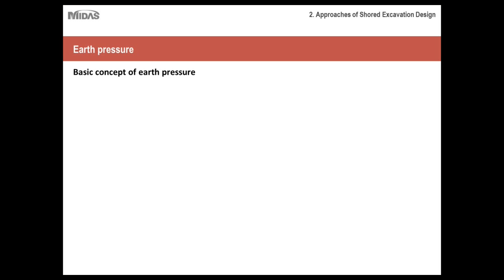So the basic concept of earth pressure is pretty simple and straightforward, as we all know. This is our retaining structure or supporting system where we have earth on either side.